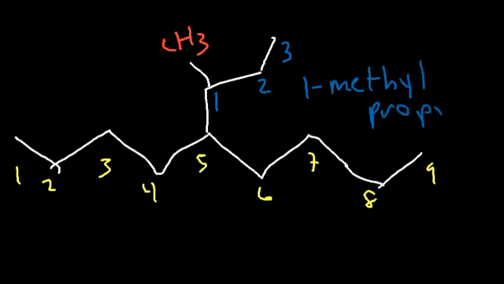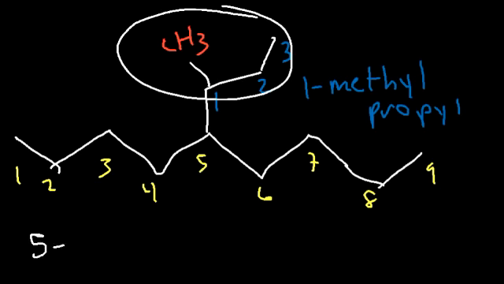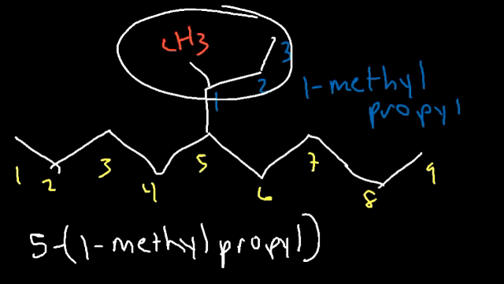So to put it together, the substituent is on carbon 5. So it's 5-(1-methylpropyl), and then you close it. So that's for the complex substituent, and then nonane.